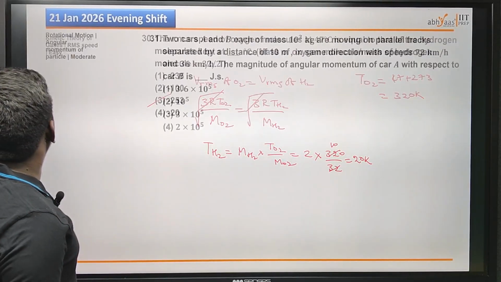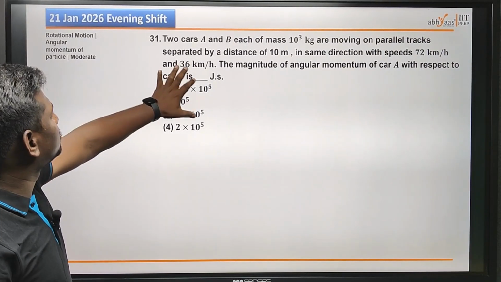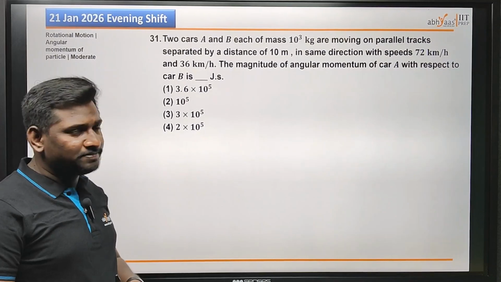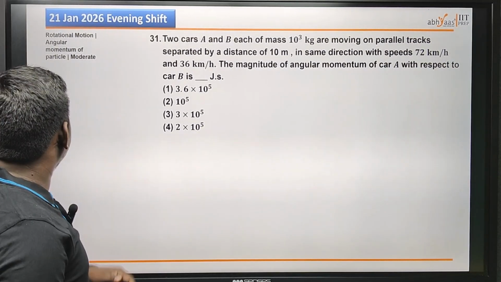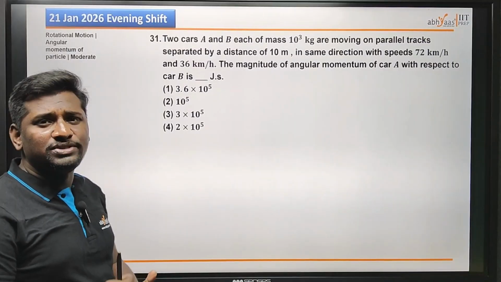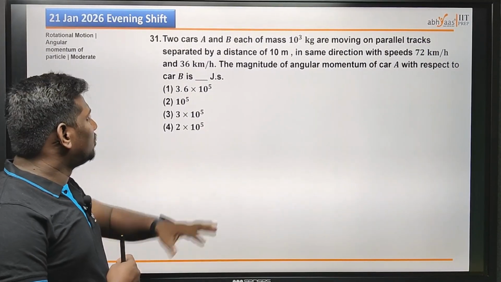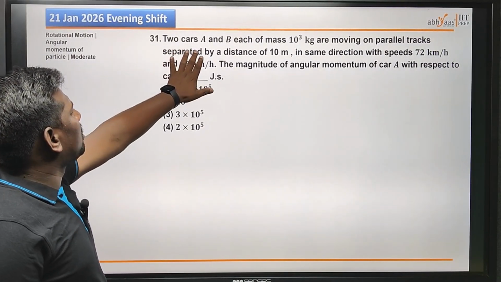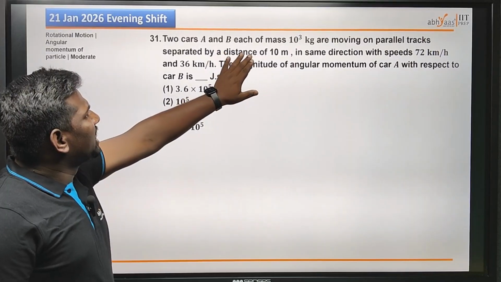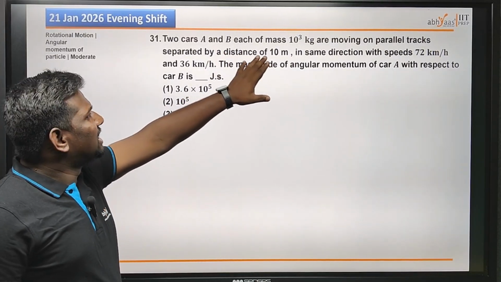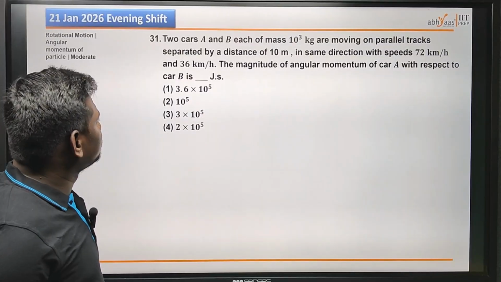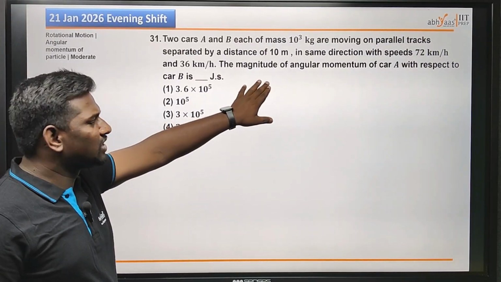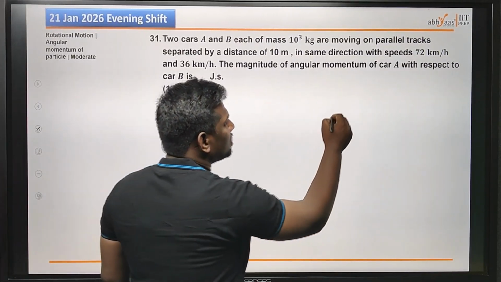So next one, see here. This question is from rotational motion. This is a very simple question which includes angular momentum. Observe the question. Two cars A and B, each of mass 10 cube kg, are moving on parallel tracks separated by a distance of 10 meter.